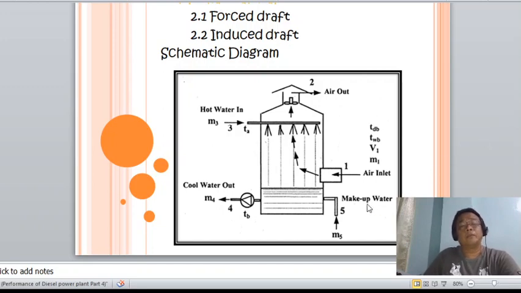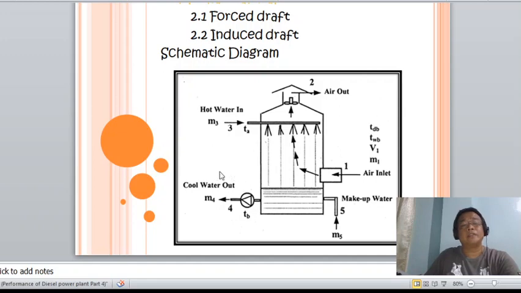At point 4, we have T sub B, meaning this is the cold water. The water coming from here will now go towards the engine or diesel engine, maybe a condenser or whatsoever.